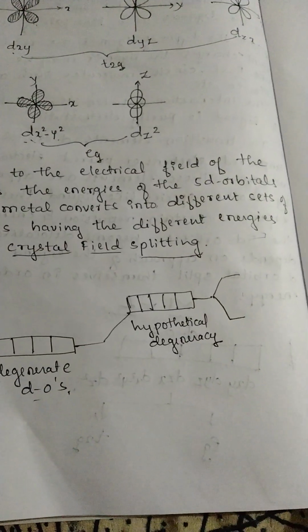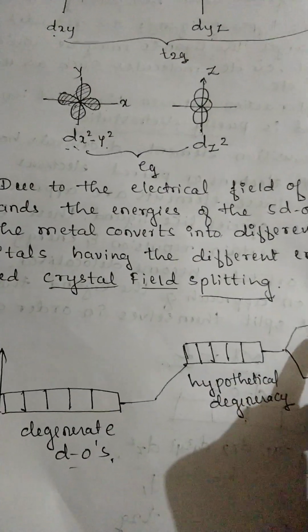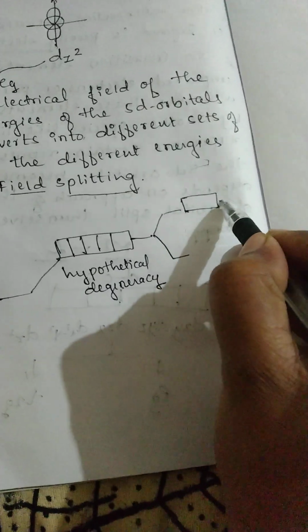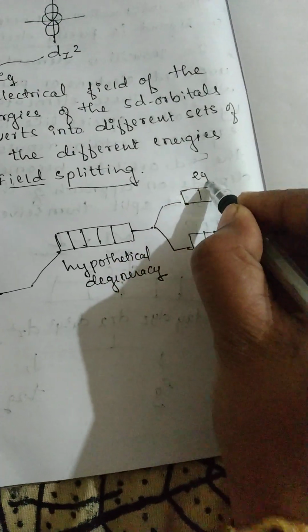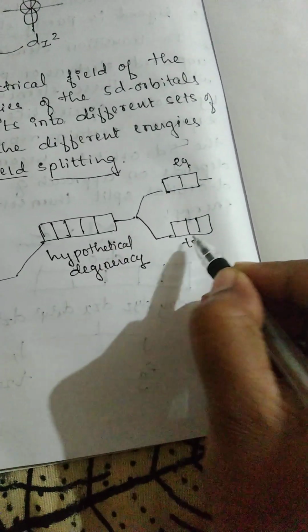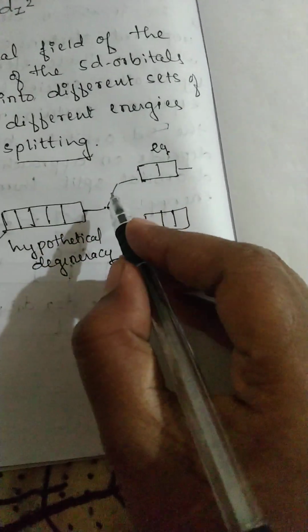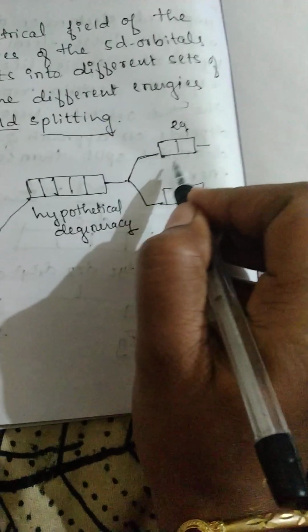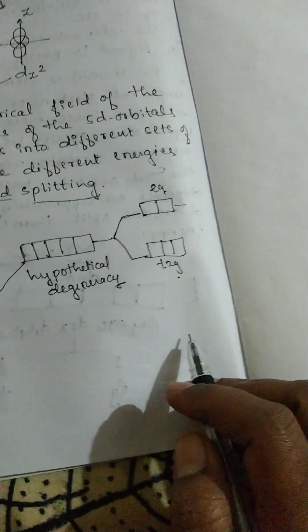In the case of an octahedral complex, it is split into Eg and T2g. Where the repulsion is less, the orbitals go to a lower energy level, and the energy of the hypothetical level is taken as 0.